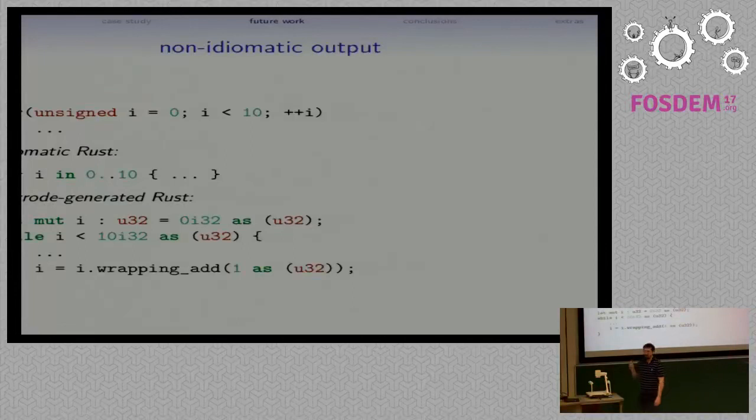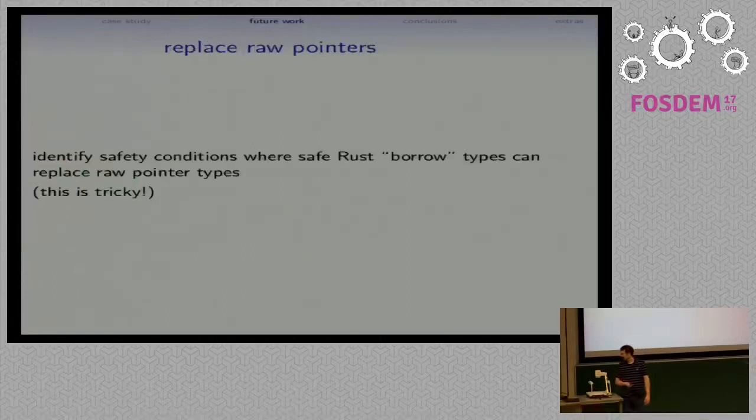There's a bunch of details in here about how C is specified to deal with unsigned wrap and all sorts of things, right? Ideally, there would be a tool that would recognize this kind of non-idiomatic Rust and suggest maybe you wanted to write it the other way. Other sorts of things that would be nice to have tools for: every time you have a pointer in your C source, Corrode generates Rust that uses raw pointers.